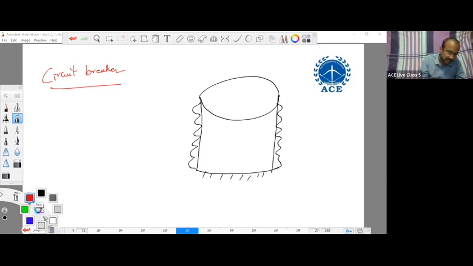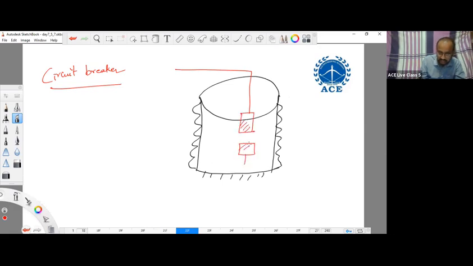And in this tank, what you have? We will have two contacts, and these two contacts can be either kept closed or separated in the medium of insulation. One is fixed contact and the other one is moving contact.